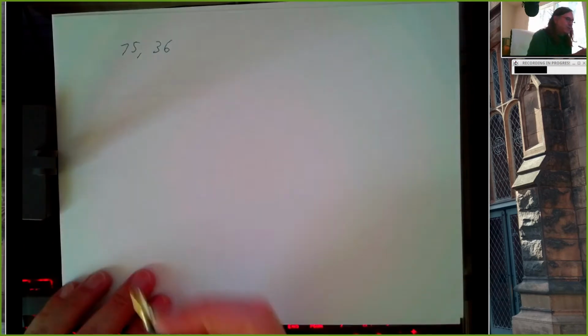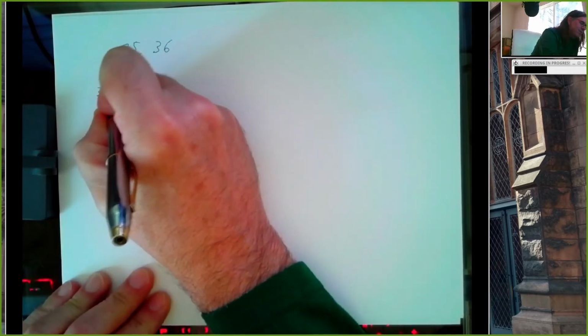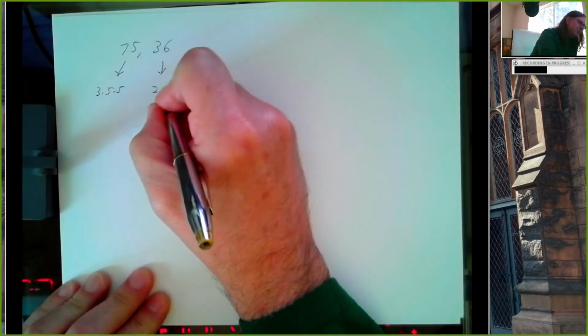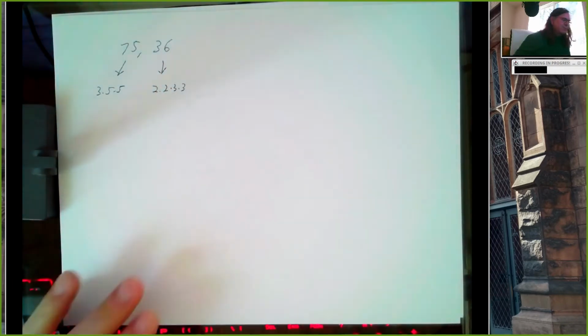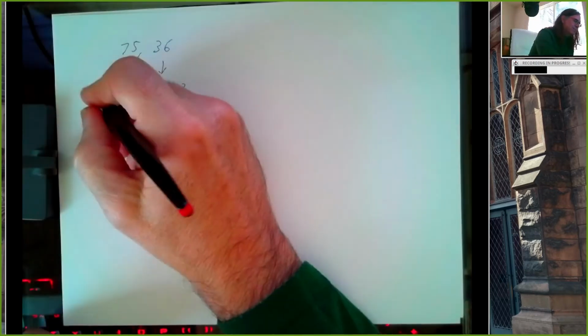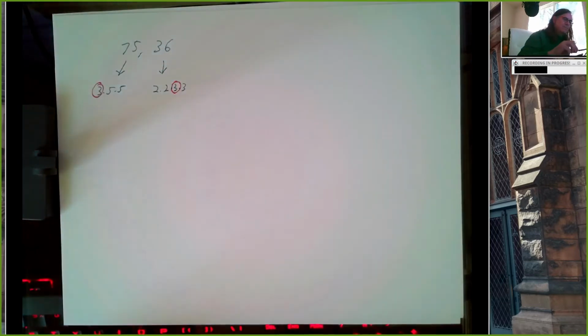One way to do this is to write each as a product of primes. 75 would be 3 times 5 times 5, and 36 would be 2 times 2 times 3 times 3. We only see one thing in common between these, a single 3.